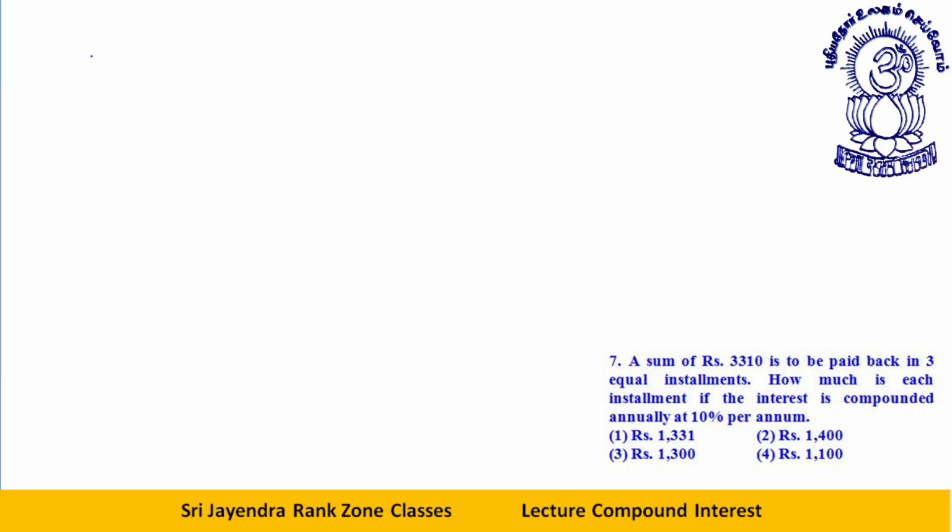A sum of 3310 is to be paid back in three equal installments. How much is each installment? The interest is compounded annually at 10% per annum. 100 rupees plus 10% will give you 110. The ratio is 11 by 10. How many installments are there?